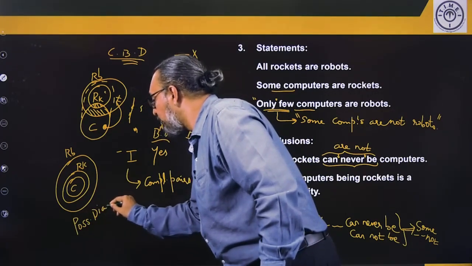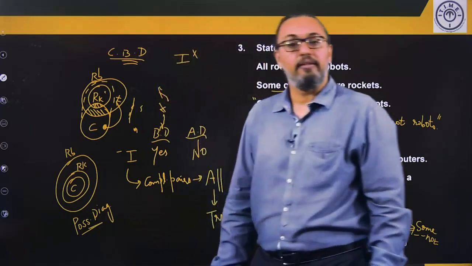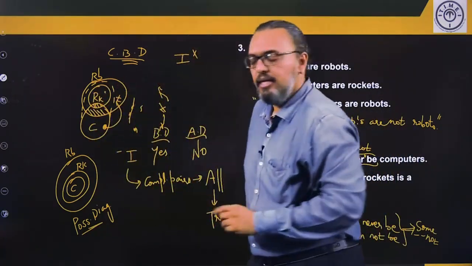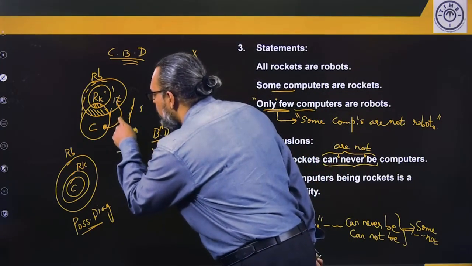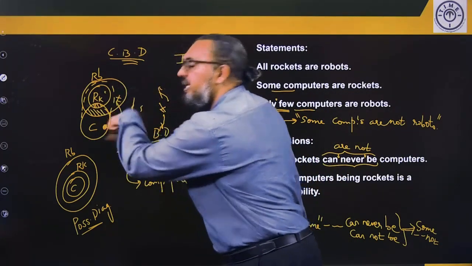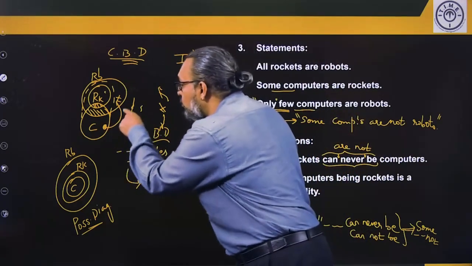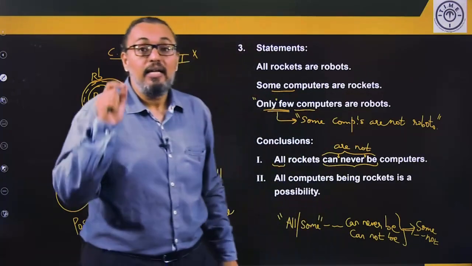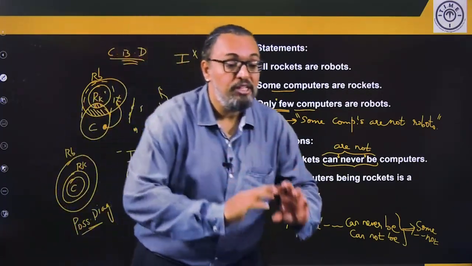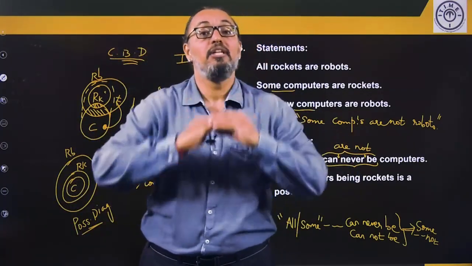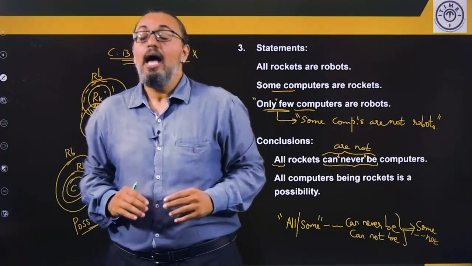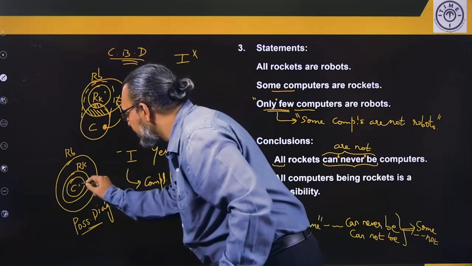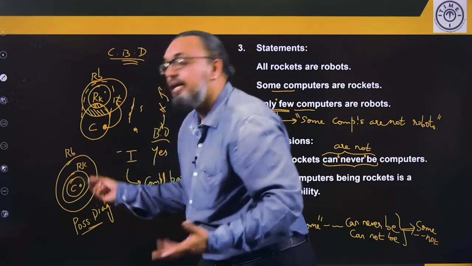But you have to visualize this. You cannot keep drawing everything. If I take the complete C inside rockets, can I say that this shaded portion is also going inside because rockets is completely inside robots? Am I allowed to do that? No, you are not. That is why this indication is very important. That indication tells you up until which limitation I can move the circles. I cannot completely move the C circle inside like this. This is wrong, because the complete C circle would be inside the robots.